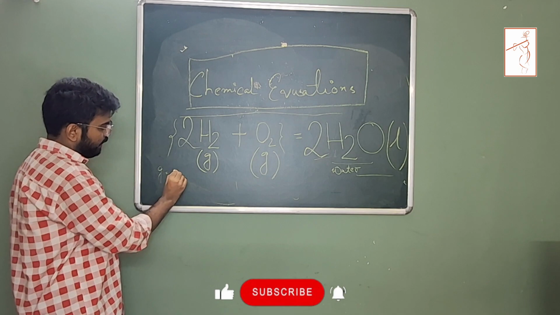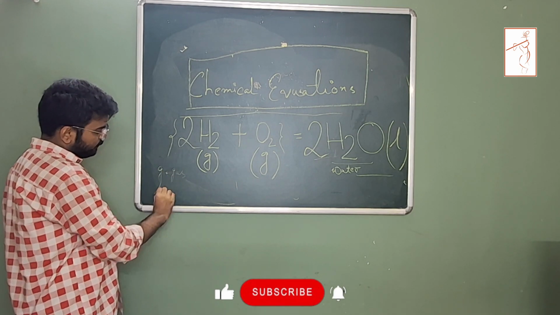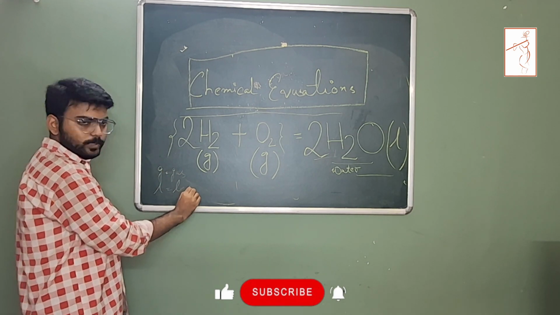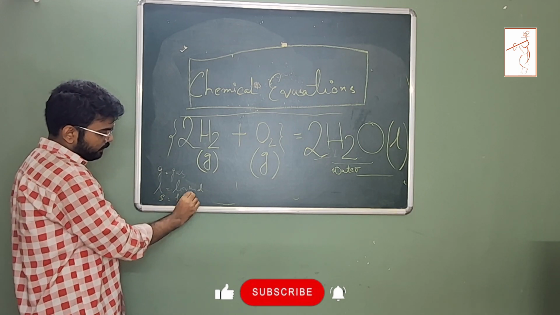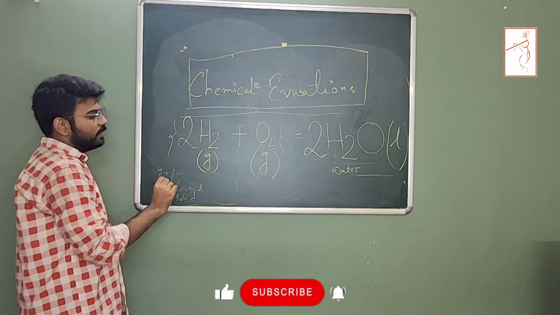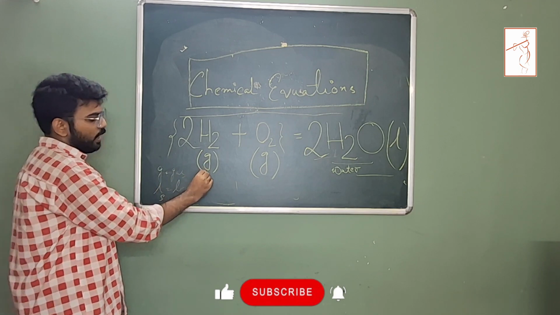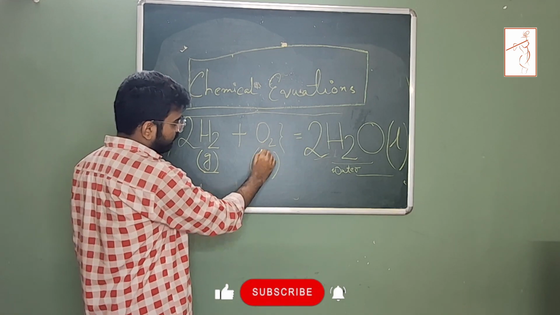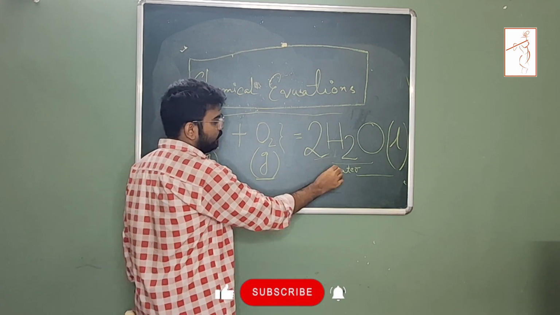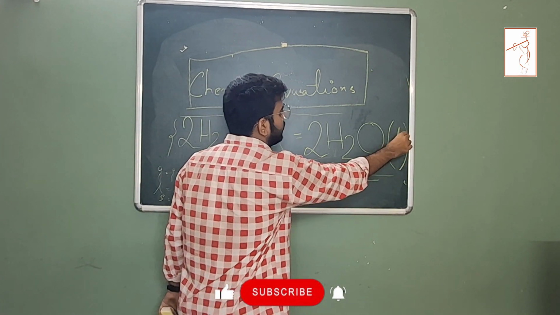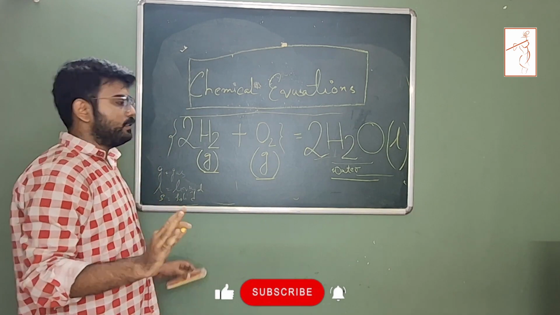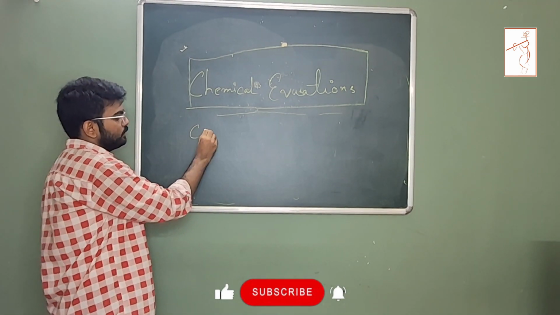G means gas, L means liquid, and S means solid. It is their physical state. So hydrogen gas reacts with oxygen gas, giving the product water. Water is not gas, water is liquid, so it is L. It's like that.